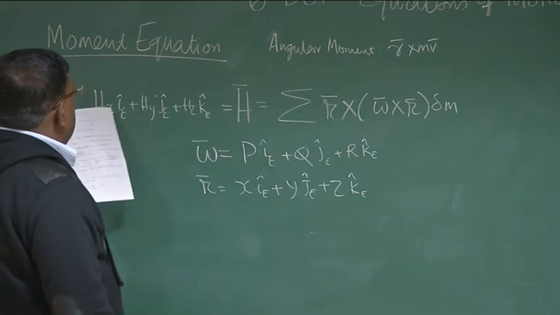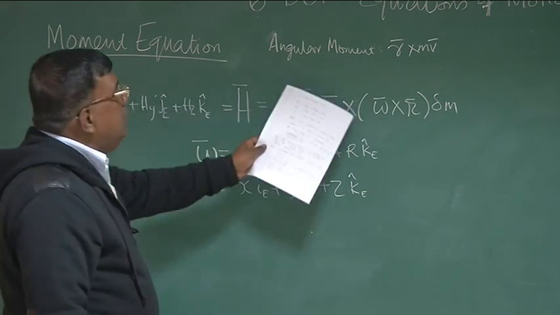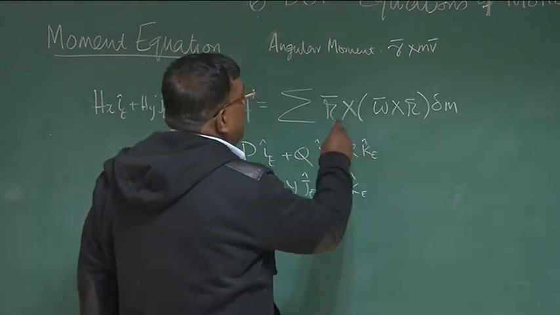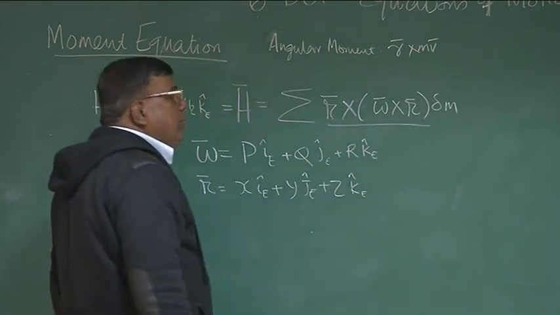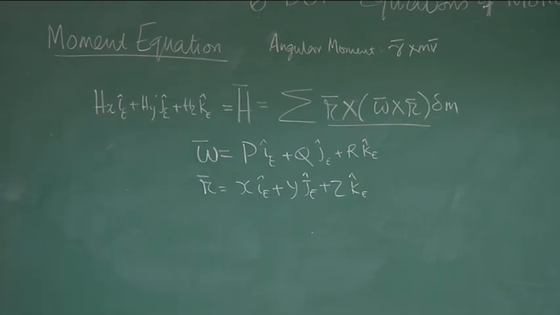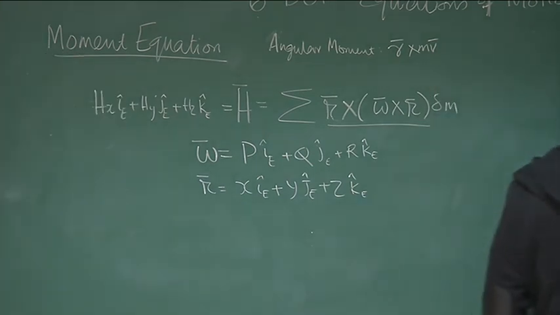What will I do now? I need to find Hx, Hy, Hz. So I will operate this: I will put r here, I will put omega here, and I will use the property of the vector triple product, and I leave it to you. You should be able to derive it. If I do the vector triple product expansion, I will get an expression like this.